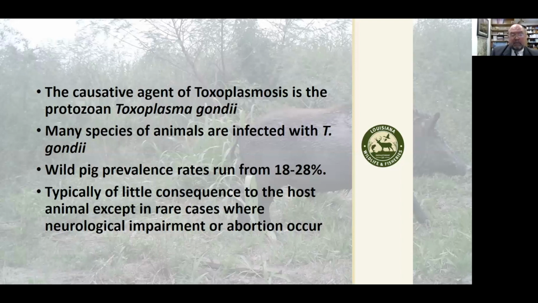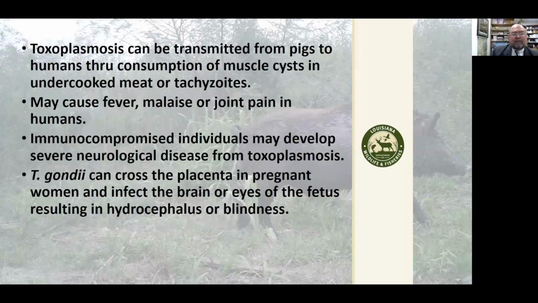And they were probably immunocompromised to get those diseases from those organisms. So in humans, people can eat the muscle tissue once again that's undercooked, or they can get the tachyzoites from animal feces. But this causes fever, joint pain in the primary infection. Immunocompromised people that have immune disorders or are on immunosuppressive drugs can get encephalitis and other neurological abnormalities from toxoplasmosis.